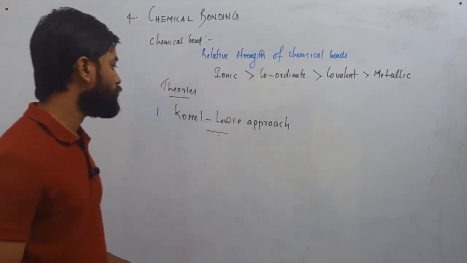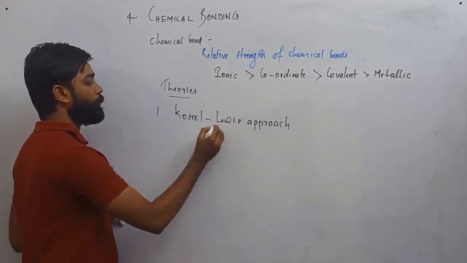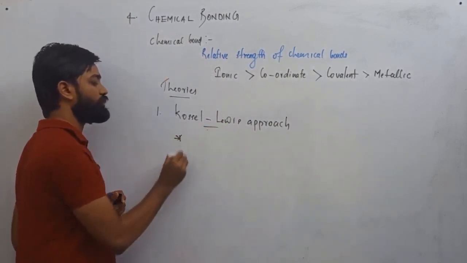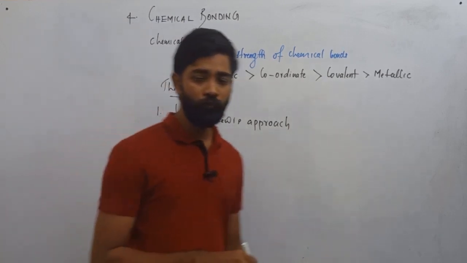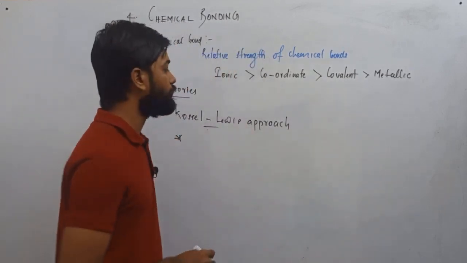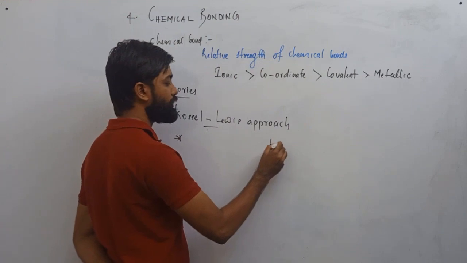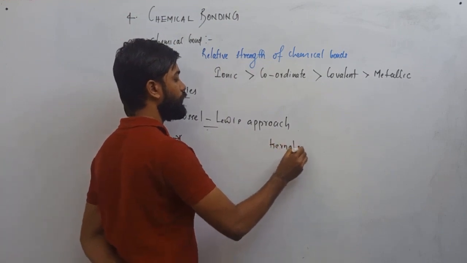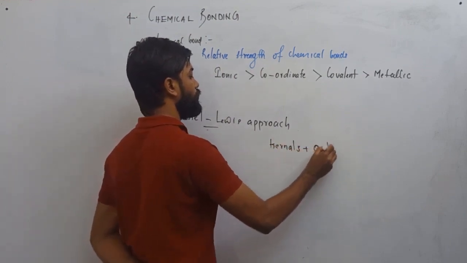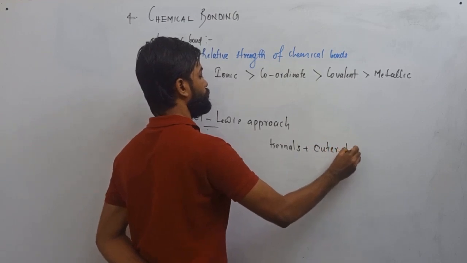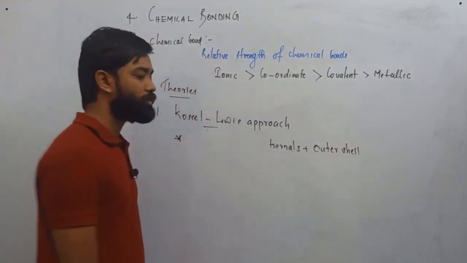The first point: an atom is considered as an arrangement of kernels plus outer shell.